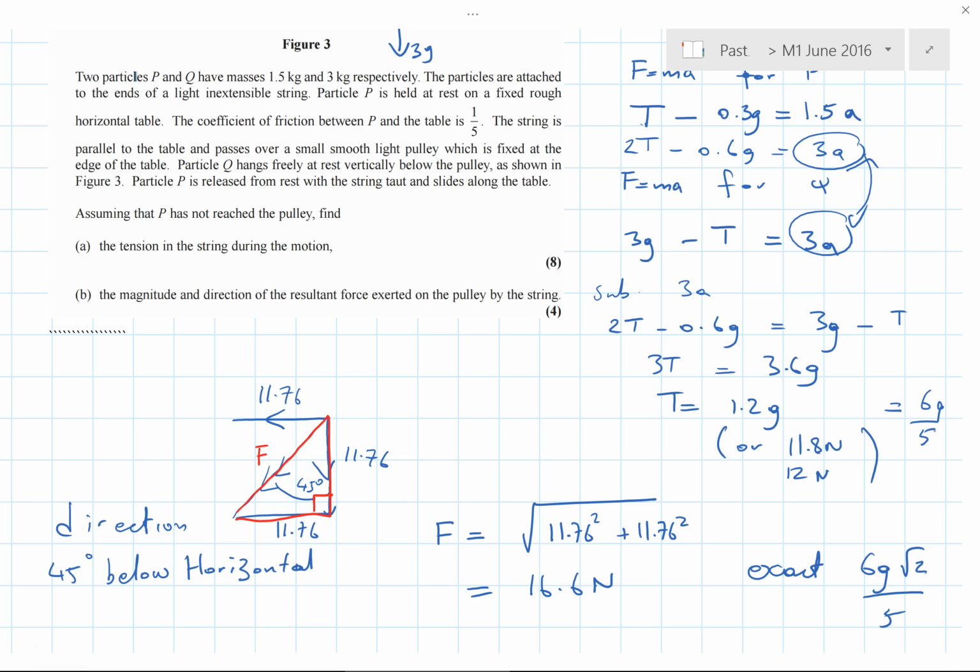So we've got 16.6, or this, or possibly 17 newtons to 2 significant figures. So that's it. That's June 2016 now complete. I hope you found this useful. Thank you. Bye.